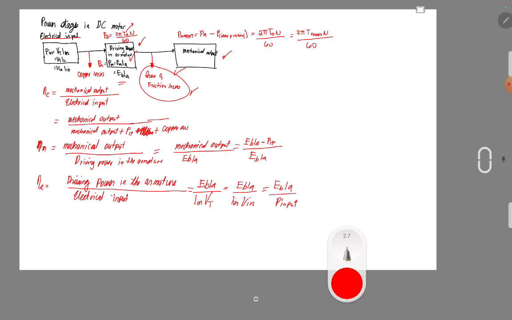Now there's still another formula for our commercial efficiency.